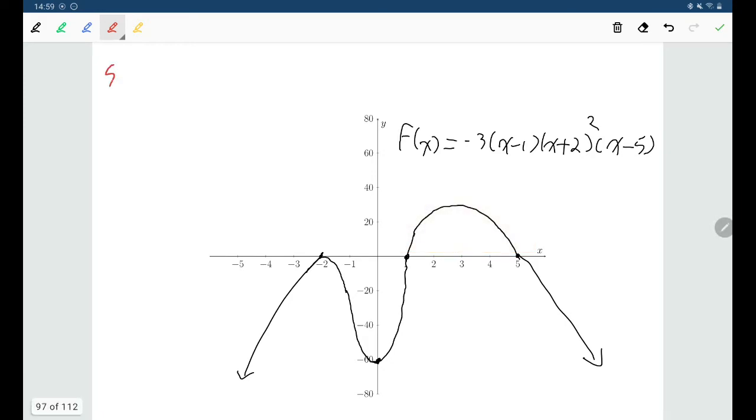So for the question of solving f of x greater than 0, the solution is just the interval from 1 to 5, not including the 1, also not including the 5. We're looking for where it is greater than 0, so where we are above the x-axis. We're not including the equal to 0, so we're not including the points that actually are x-intercepts.